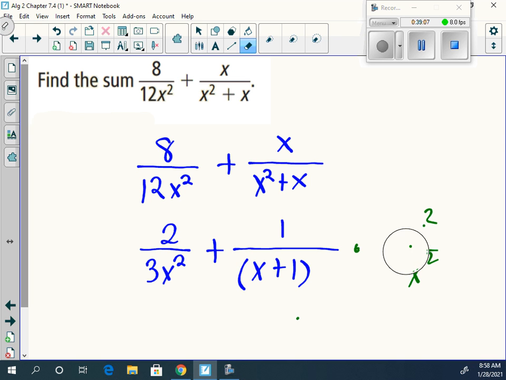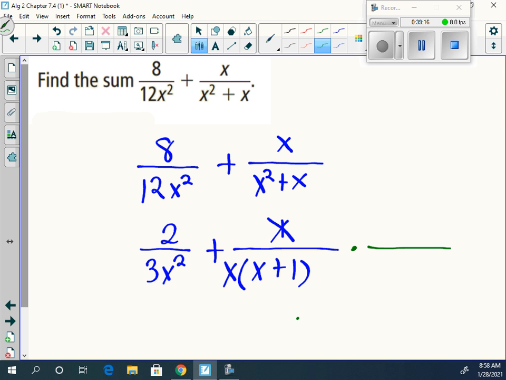So, since I told you to leave it as is with x and x, I'll put it back this way. Okay. So we have both of the denominators factored. We have them simplified, yes? So what does 3x squared have that this one doesn't?